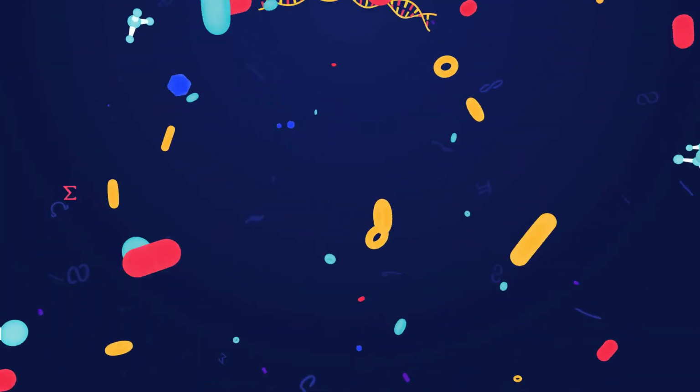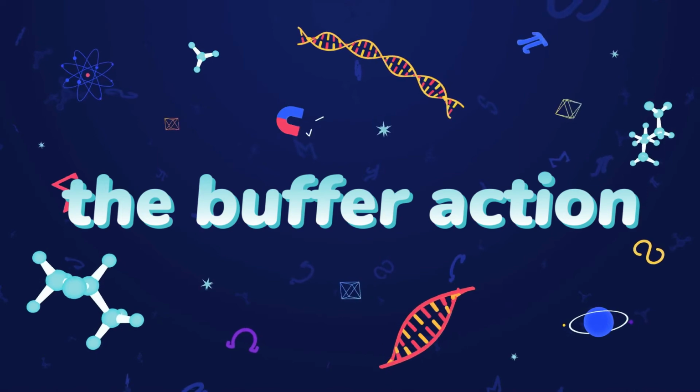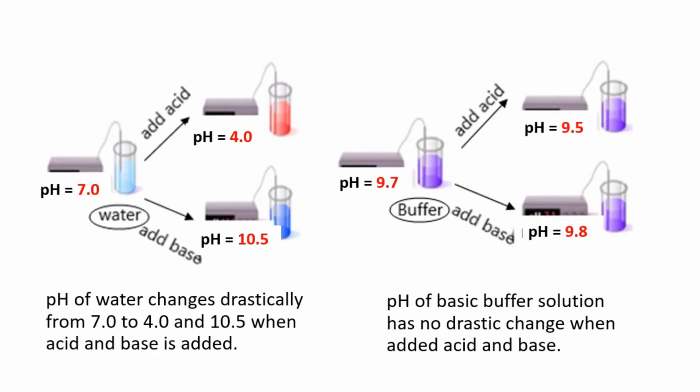How does a basic buffer work? When water is added with some acid and base, the pH of water, which is initially 7.0, would change drastically to 4.0 and 10.5.